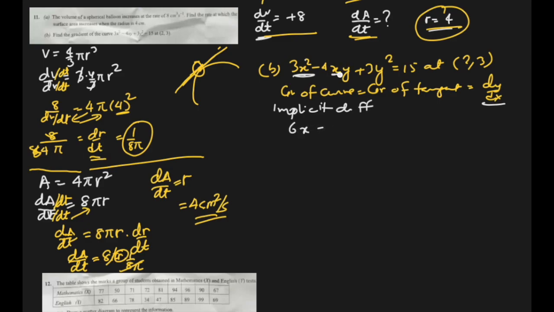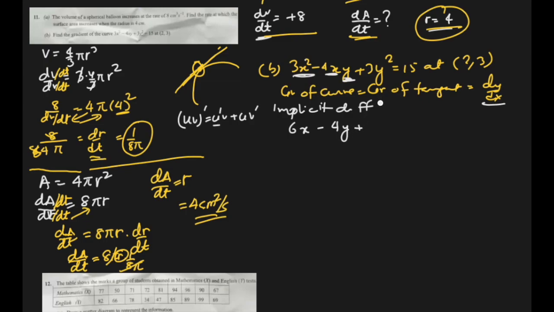Minus, x and y are multiplying, so we'll use the product rule in this case. I hope you know the product rule: (uv)' is u'v plus uv'. That's what we'll use here. So let's say that 4x is u and y is v. First differentiate 4x. Minus 4 will be the differentiation of 4x, and y remains y.